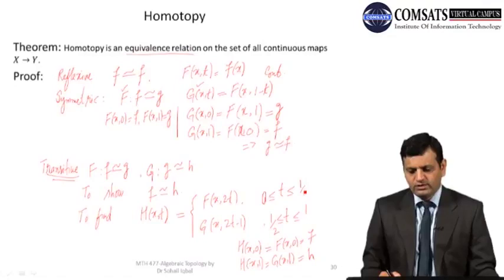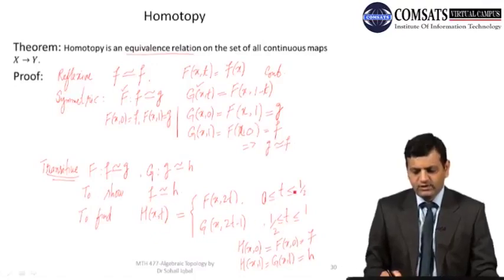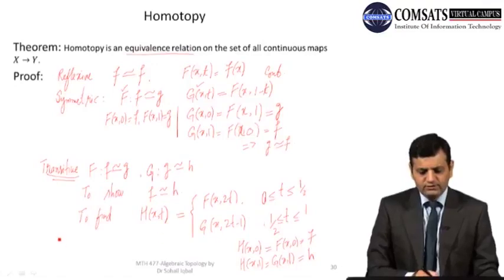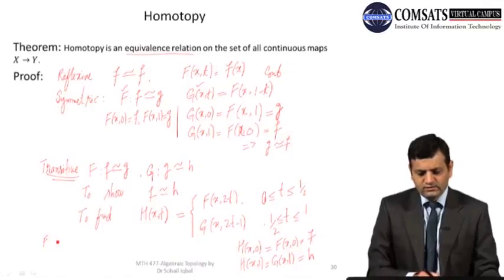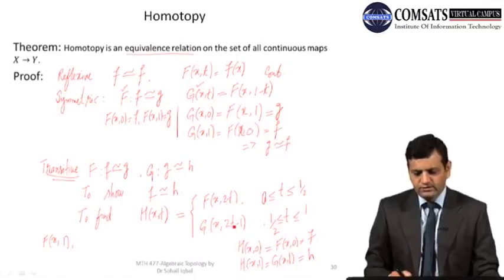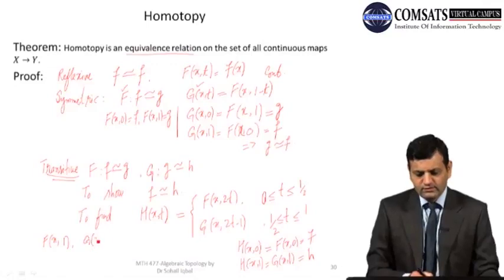Also, there is only one point where these two components of this piecewise function overlap, and that's the point where t is equal to 1/2. When t is equal to 1/2, we have F(x,1), and we also have G(x,0). So what is F(x,1)?